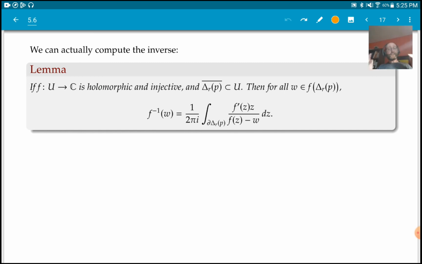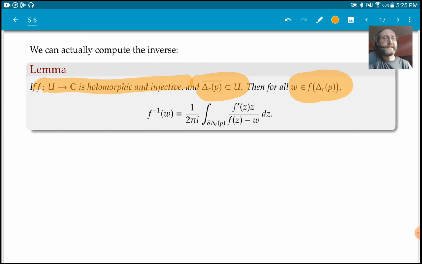Now we can actually compute the inverse, or we can have a formula for the inverse once we have an injective function. So let's suppose that we have an injective holomorphic function, and let's take some disk again. We want the entire disk, including the boundary, to be in U. And let's look at all the w that are in the image of this disk.